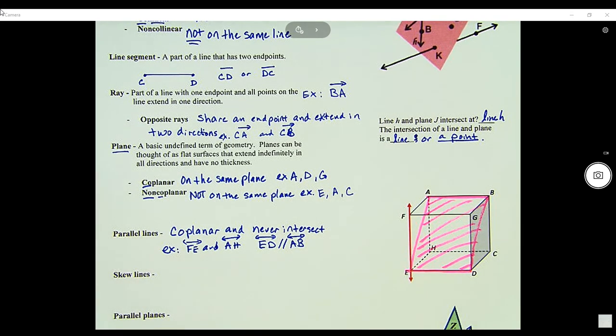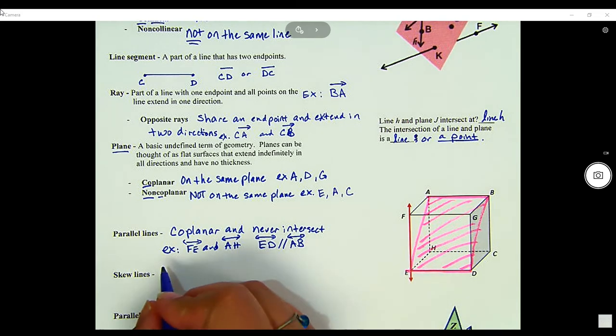Okay, skew lines. Skew lines are lines that are non-coplanar and never intersect.